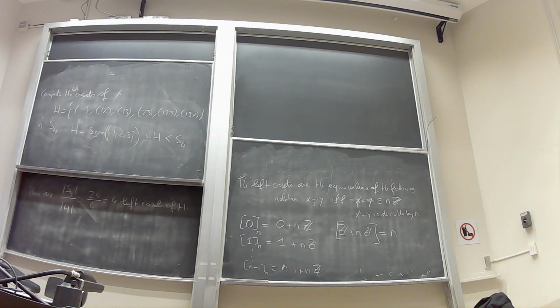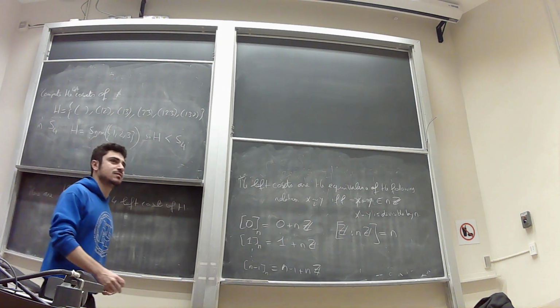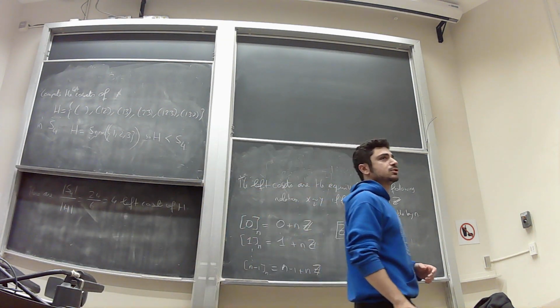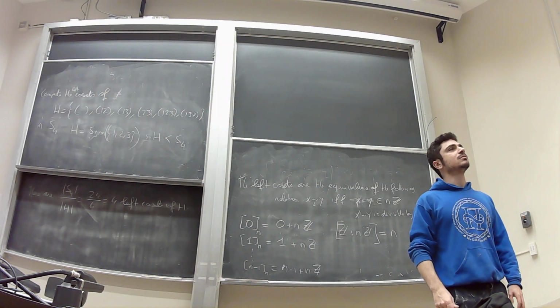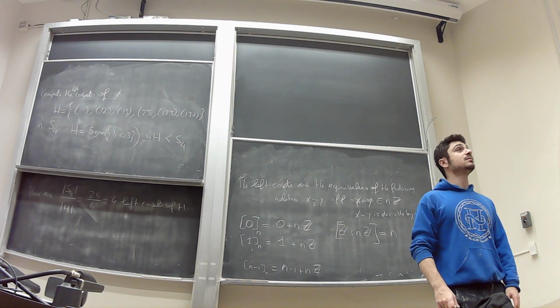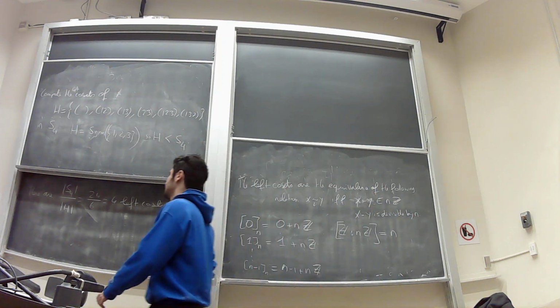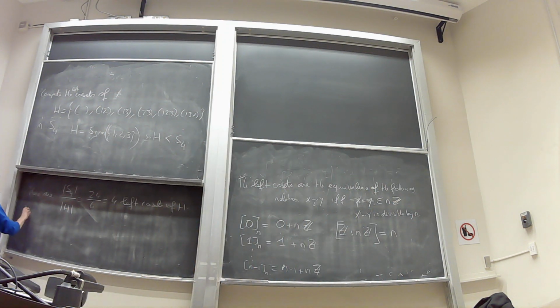How do I find them? Great. What's the first left coset of H? Pick an element, multiply by all the elements in H, you get a left coset. What's the first thing to do? What's the easier thing to do? Yes? Identity times H. So the first left coset is always for free.